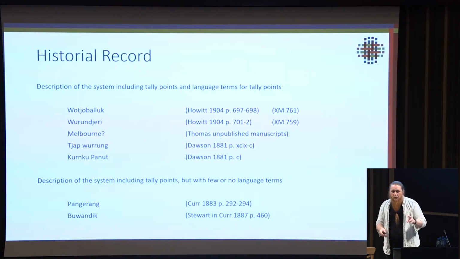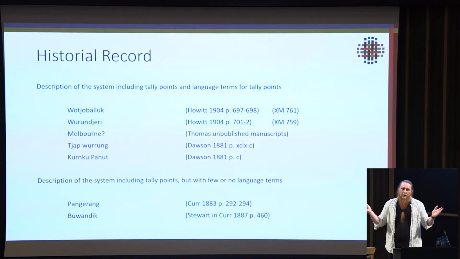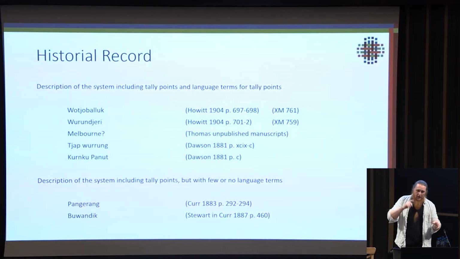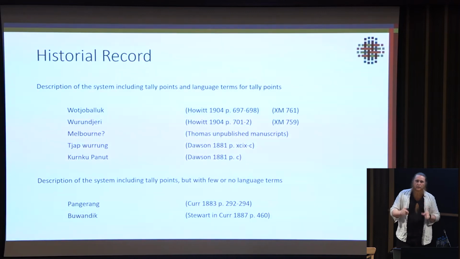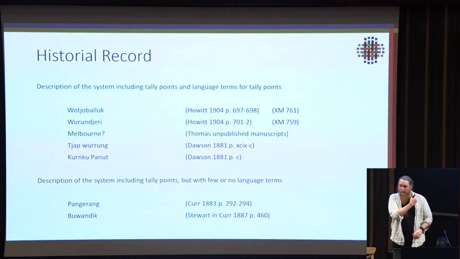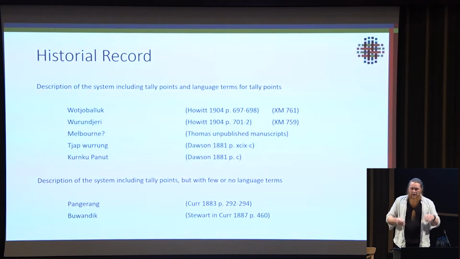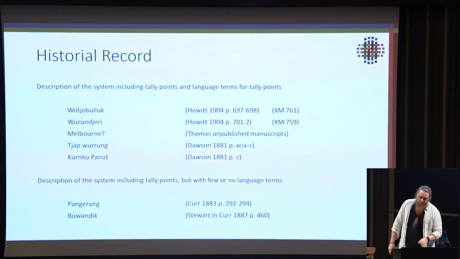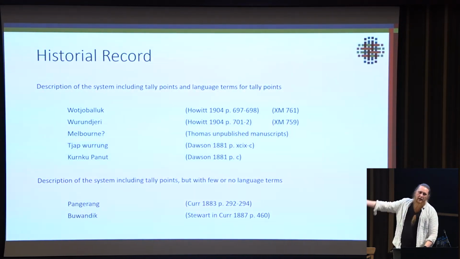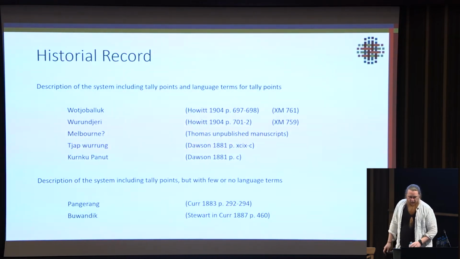For these final two, we don't have a complete record. We only have a brief outline of the tally points. For Bangarang, we only have the first two tally points named. And for the Buandik, we have no names for the tally points. When I check the Bangarang with the other Yorta Yorta records, the words don't match up.